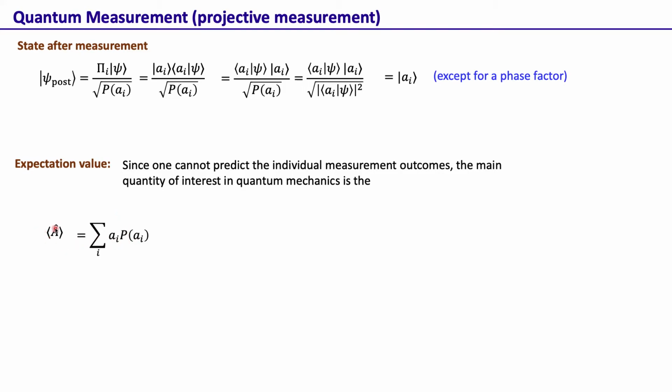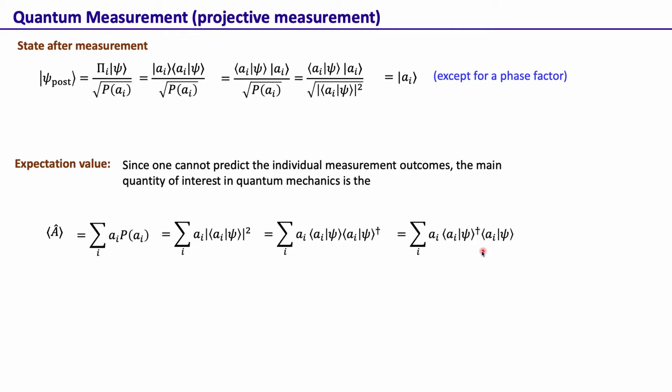So the expectation value of A is written like this, and that is the eigenvalue times the probability of getting that particular eigenvalue. This we write as a_i |⟨a_i|ψ⟩|², expand it like this, then we can swap it like that.